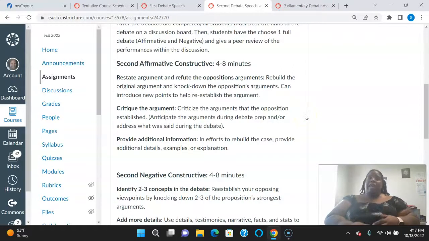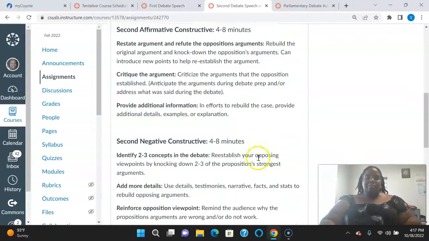For instance, if they have 4 arguments and they just presented the first 2, they can present the remaining 2 or just restate what their initial arguments were in the first place. Then, because they're able to hear the negative constructive arguments, they can critique and directly answer to those criticisms. And of course, provide more information, details, facts, or stats.